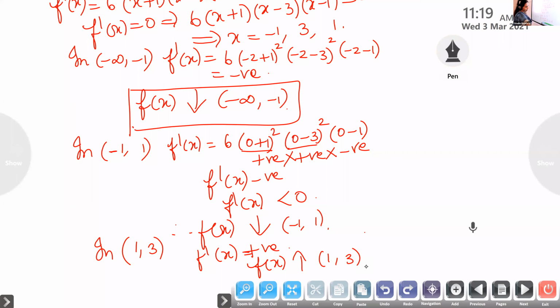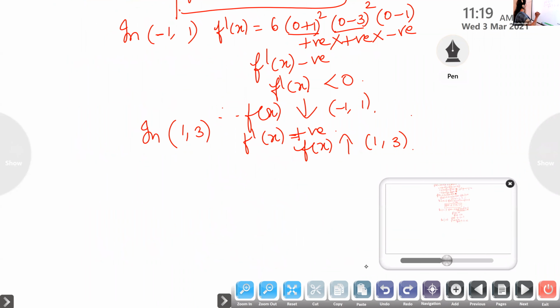Now select the next interval. The next interval is 3 to infinity. What will be f dash of x?